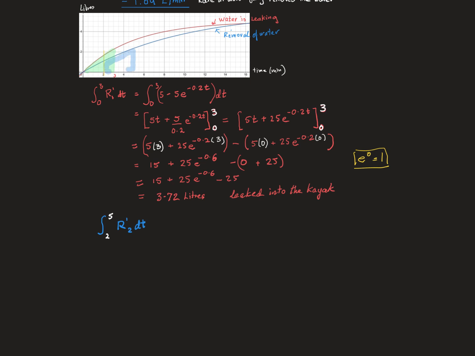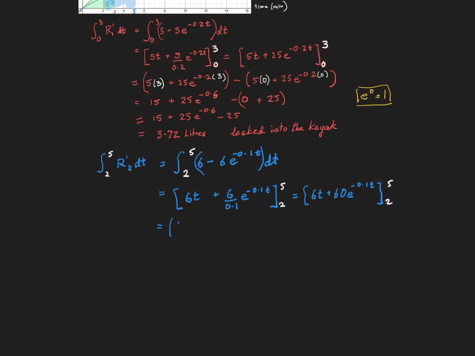So we're just looking at that blue area over here, up to 5, with an equation of 6 minus 6 e to the minus 0.1 t dt, all in brackets. Now to integrate that, it becomes 6t plus 6 over 0.1 e to the minus 0.1 t, which is the same thing as saying 6t plus 60 e to the minus 0.1 t from 2 to 5.